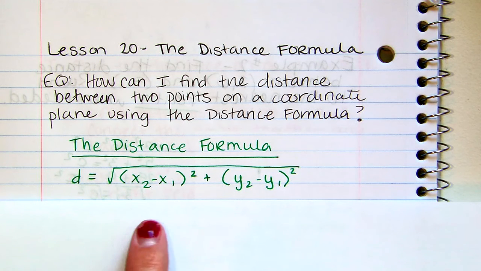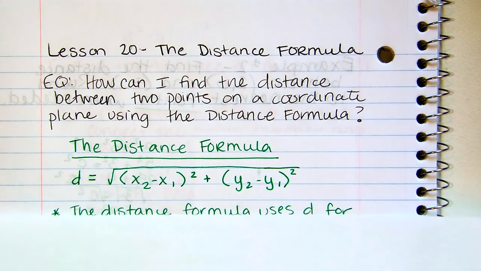Now this x2, x1, y2, y1, those are your coordinates. So x1 and y1 are going to be part of the first set of coordinates you see, because remember we read left to right, so our coordinates go left to right. The one that we see first going left to right is our x1, y1. And then the one that we see second is the x2, y2.